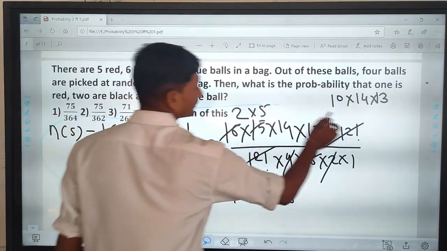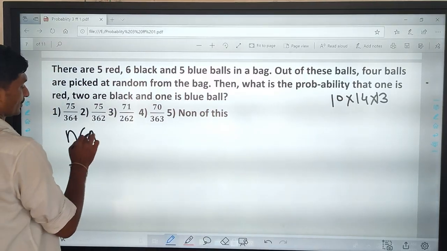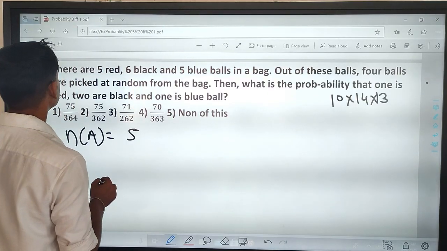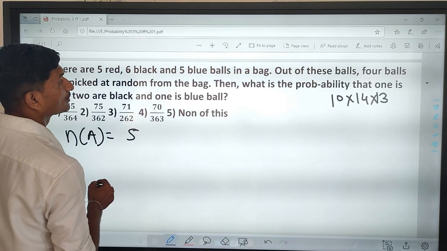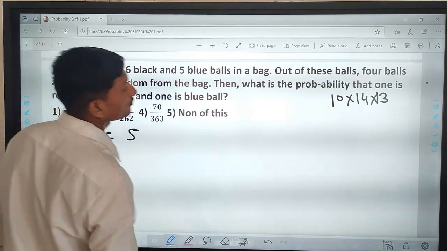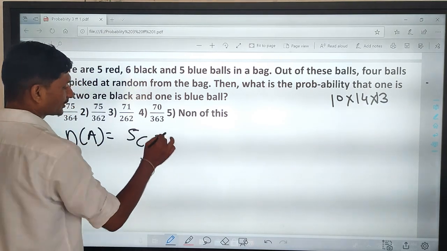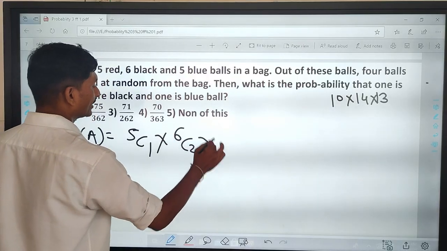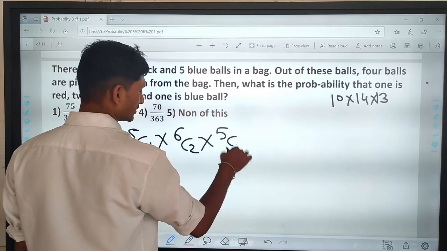Now here we find n of A. Out of 4 red balls, 1 ball is drawn. There are 5 red balls, out of which 1 is drawn. 2 are black out of 6 black, and the remaining 1 is blue out of 5, which is 5C1.